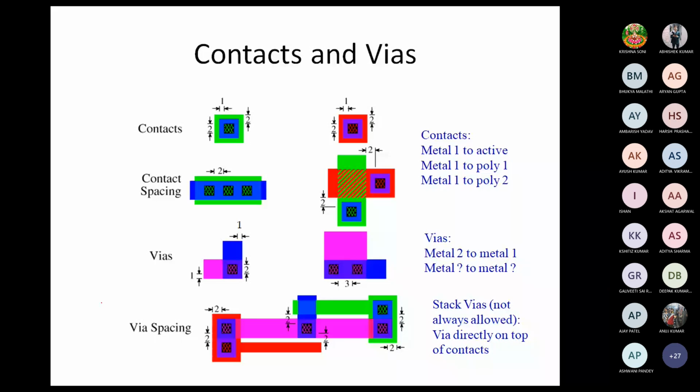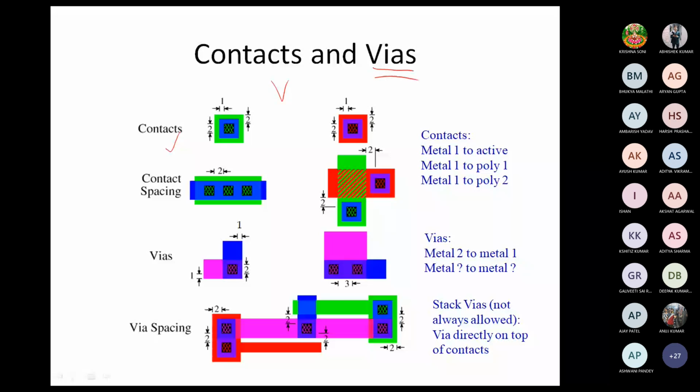Like here in this diagram we can see the contact in detail. If we have to make a contact between one layer and another layer, we can take the help of a via.